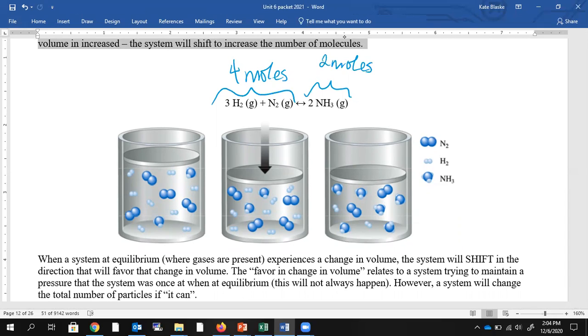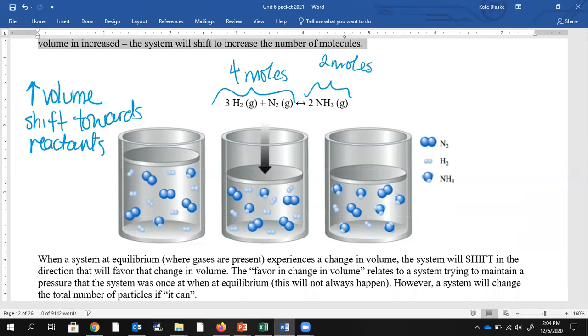So for this particular system, if I increase my volume, I've got more space. I'm going to be able to hold more molecules. I'm going to shift towards my reactants, because I've got more room, more space available for that 4 moles of particles, basically.